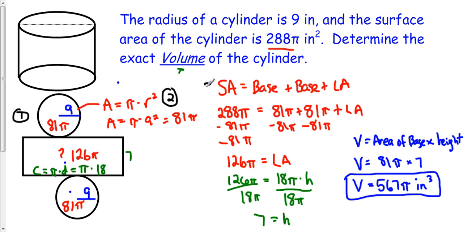Then I wrote down the surface area formula, and I plugged stuff in. I solved for the lateral area, and then I looked at the lateral area and realized it was the circumference times the height. So then I solved for the height. And once I got the height, I plugged it into the volume formula and got my answer. So that's another example of working backward with a cylinder.